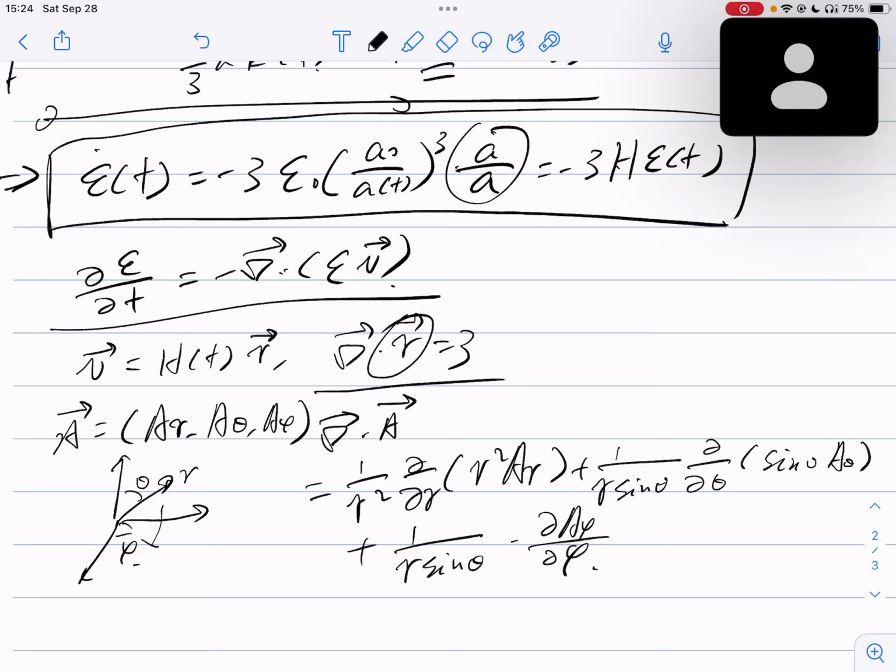For this vector, r is just (r, 0, 0). Substituting into this expression of divergence in spherical polar coordinates, we find this result. Okay, so much for this.